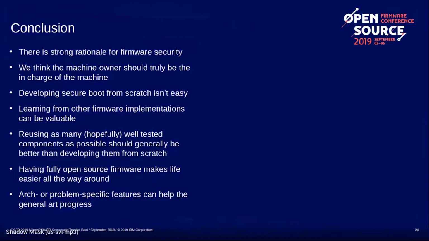We tried to learn from other open source firmware projects and from other secure boot, trusted boot experiences on other architectures. Having fully open source firmware makes life really easy because you can go talk about this stuff, and you as users of the systems can go audit that firmware and see exactly what's running in your systems. So that's pretty cool. And hopefully solving these arch specific problems can help the whole art advance.